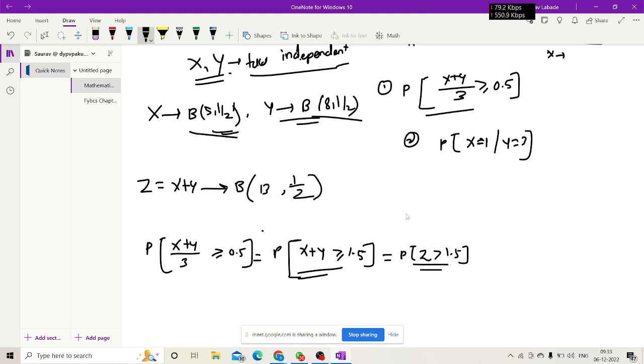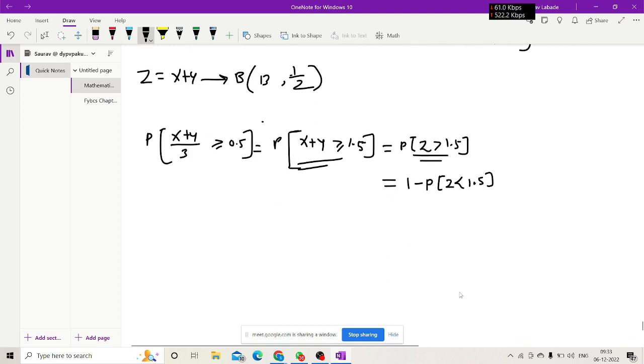Okay, and so this will be 1 minus probability of z less than 1.5. Okay, z less than 1.5. So what will this be then?